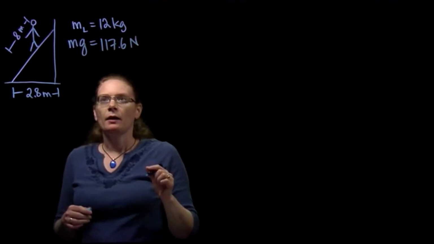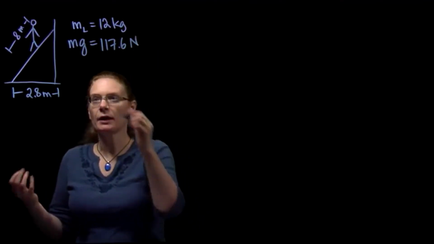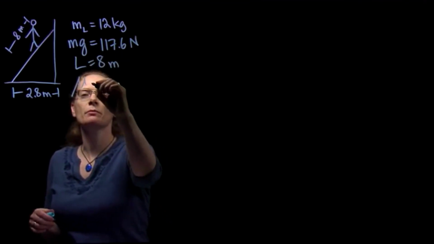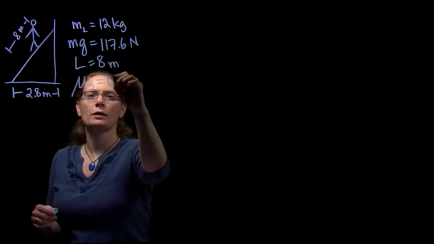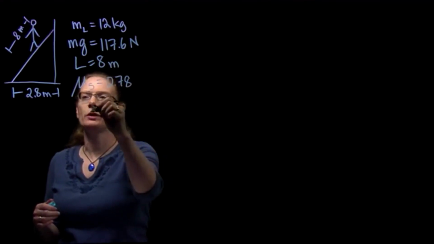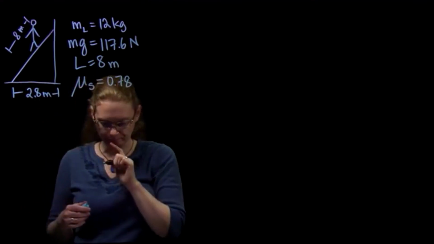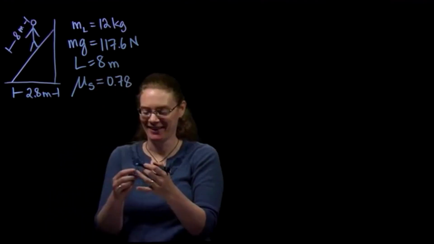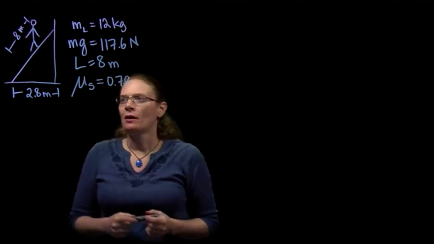All right, and what else did we know? The length was 8 meters. The maximum coefficient of friction was 0.78 between the ground and the ladder. And that's about it. Doesn't feel like we have a lot.